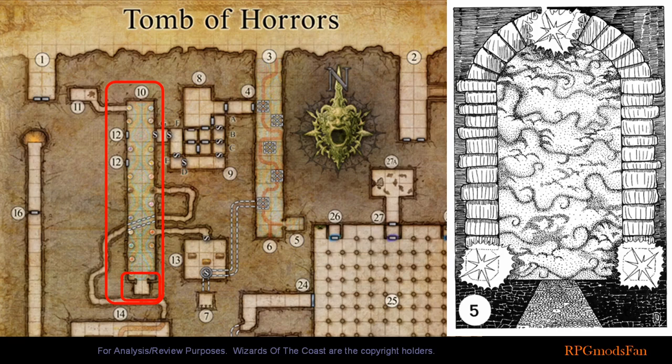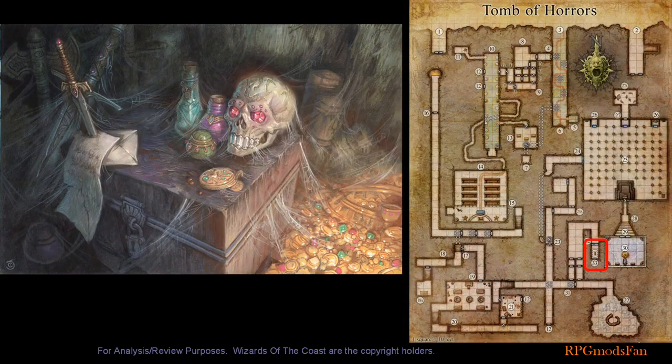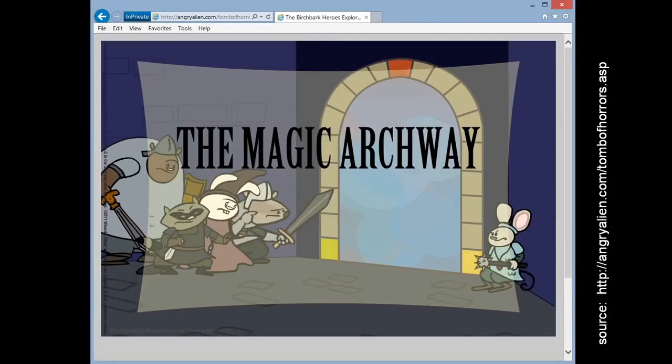The archway will always remain clouded no matter what sequence of the stones are pressed. Any character stepping through the archway will be teleported back to the entrance totally nude, while everything else they carry will be teleported to the Demi-Lich's crypt. Oh boy, I'm afraid to see what the Birchback heroes did when they were at this southern archway.